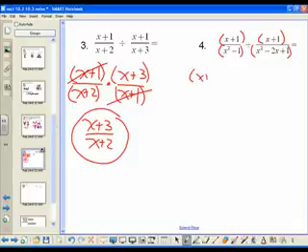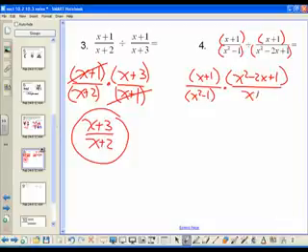So I get my x plus 1, x squared minus 1, times x squared minus 2x plus 1 over x plus 1. You have to actually factor both of them. You can't take x plus 1 and x plus 1 out? We can take that out. We'll do that in a second.